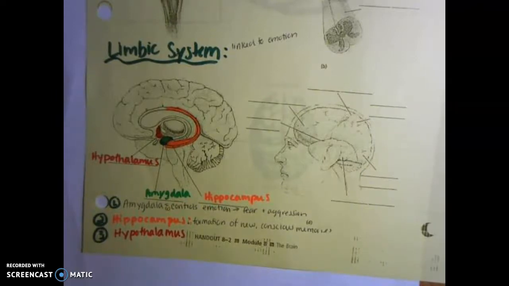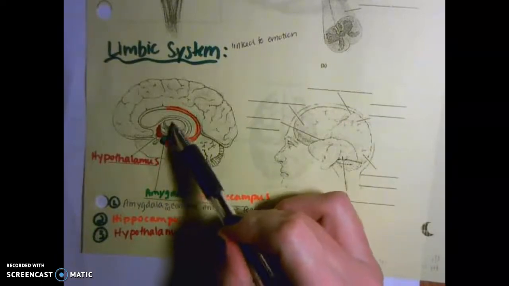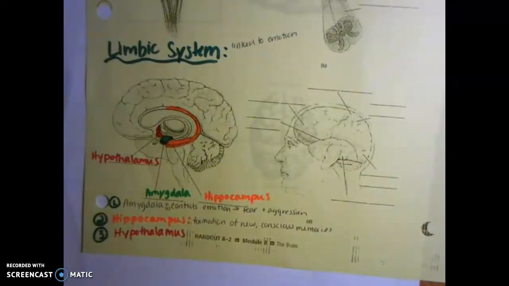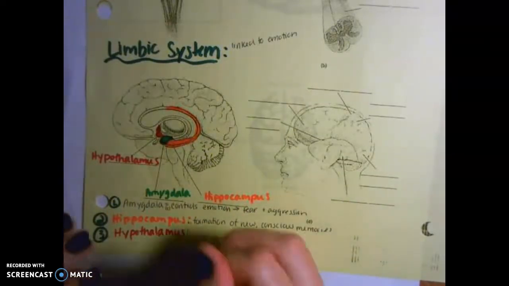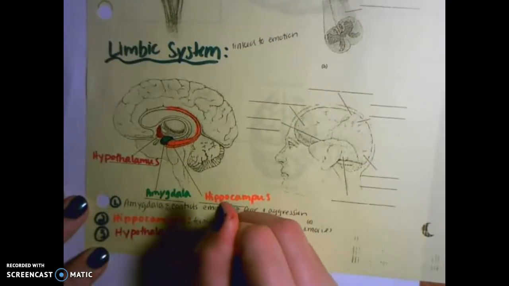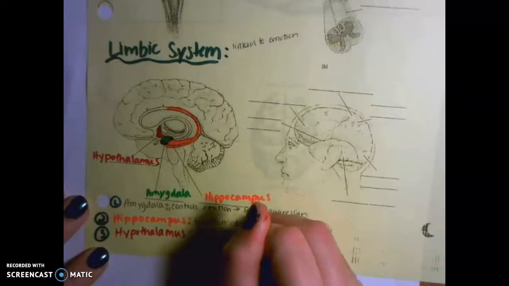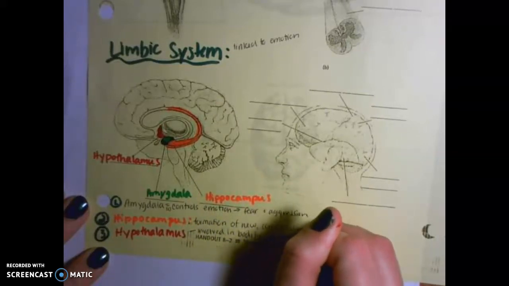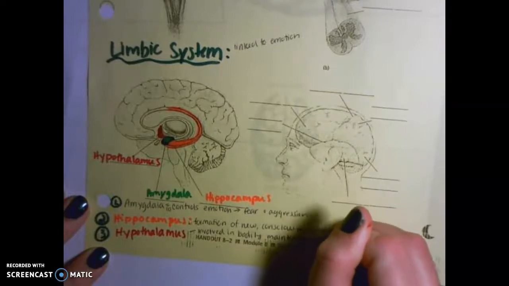Okay, so when we're talking about the hypothalamus, it has a lot of functions. Okay, it's just below the thalamus. This right here is the thalamus. I'll shade it in a second for you in a different color. And it performs a lot of bodily maintenance duties. So I'm going to put involved in bodily maintenance activities.